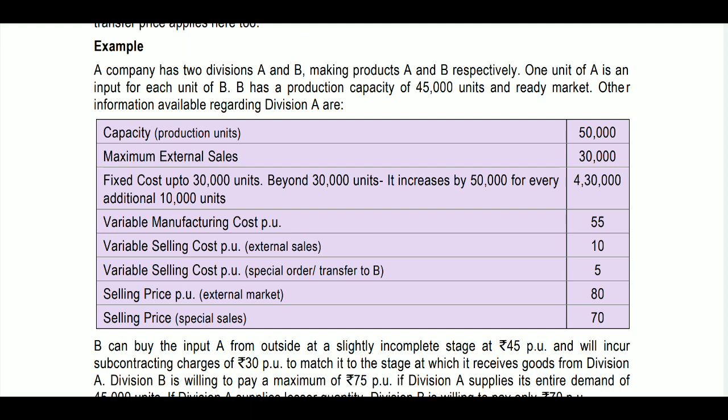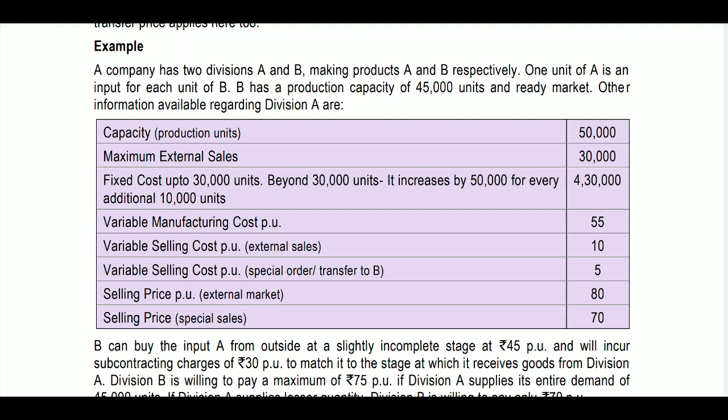50,000 is the production capacity, but B's capacity is only 45,000, so we can transfer up to 45,000. The maximum external sales will be 30,000, so we can do external sales up to 30,000 units, with fixed cost up to 30,000 units of 4 lakhs.